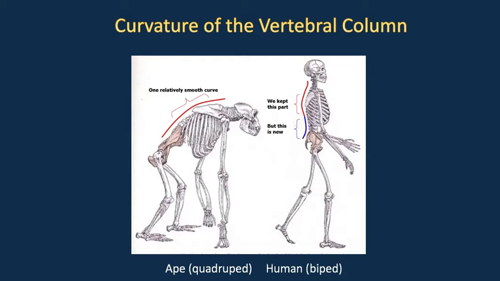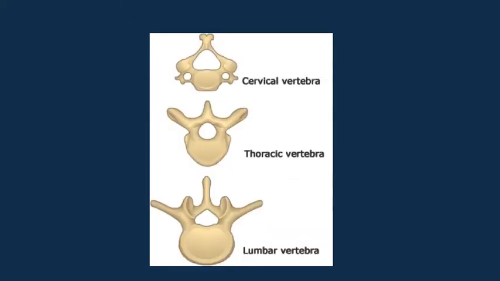Something else that we see in the vertebral column are differences in the types of vertebrae that we have. The cervical vertebrae tend to be small and really delicate in structure. The thoracic vertebrae tend to be medium-sized, medium robusticity, and then the lumbar vertebrae are large and thick.